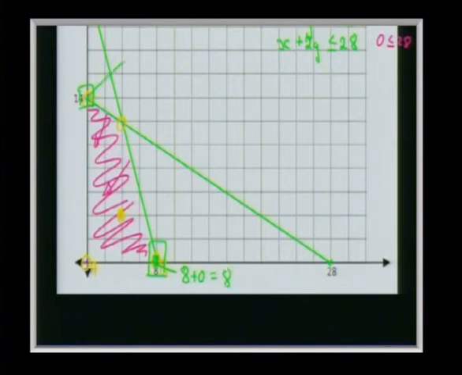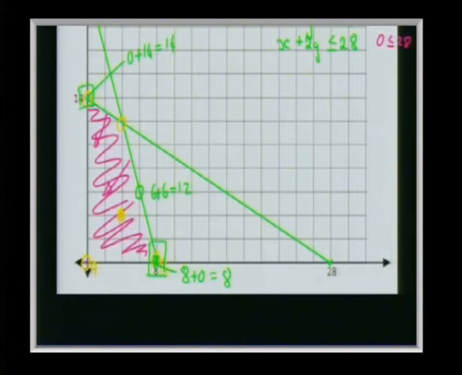This point over here gives us 0 plus 14, which gives us a total of 14 braai stands. Let's have a look at a couple of other points. You'll notice that the dotted lines are increments of 2. So for example, this point over here is the point 6, 6, and that gives us 12 braai stands.